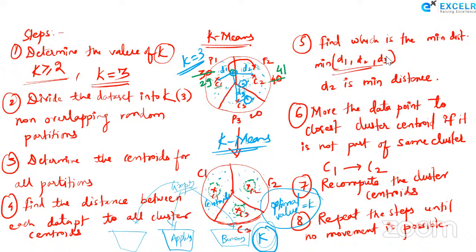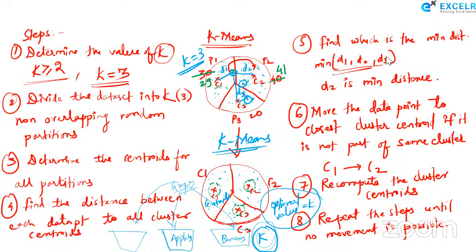Then we find the distance between each data point and all 3 cluster centroids. If the data point is already closest to, let's say, the centroid of cluster C1, then we need not move it. But if it is closer to C2 than C1, then we should move the data point from the C1 cluster to the C2 cluster.